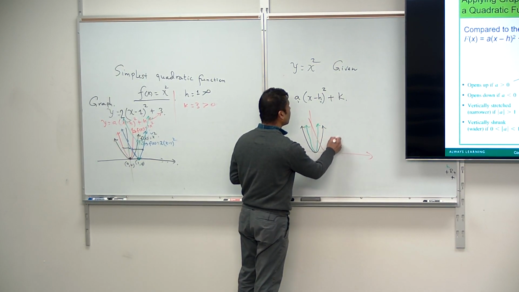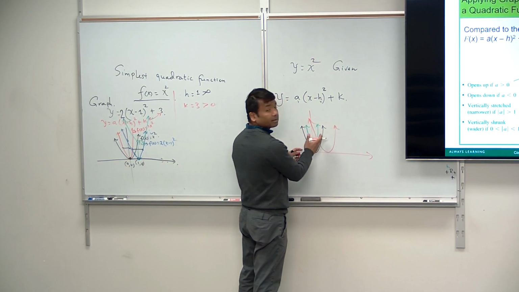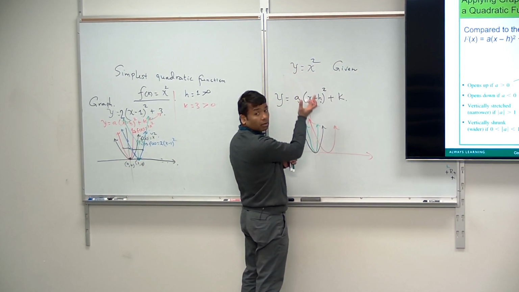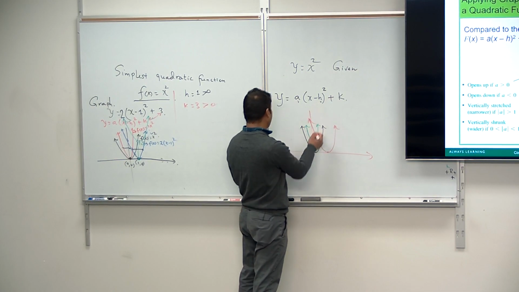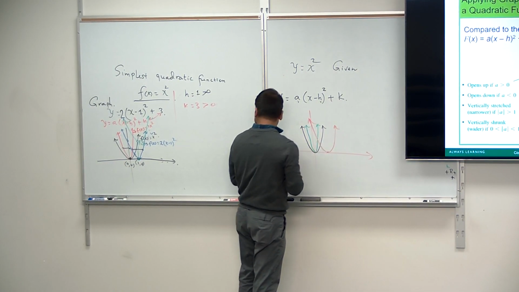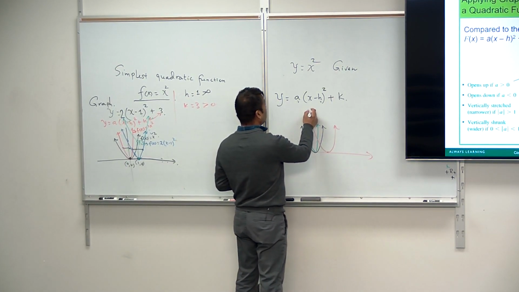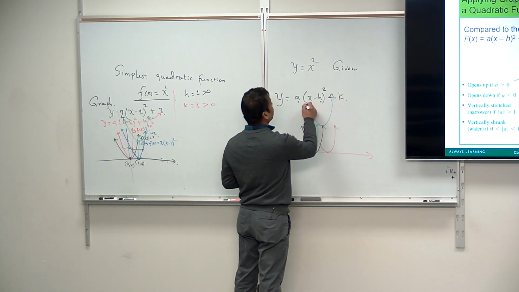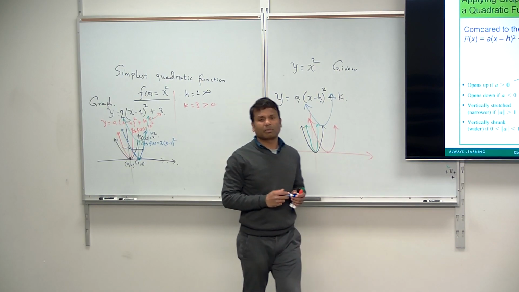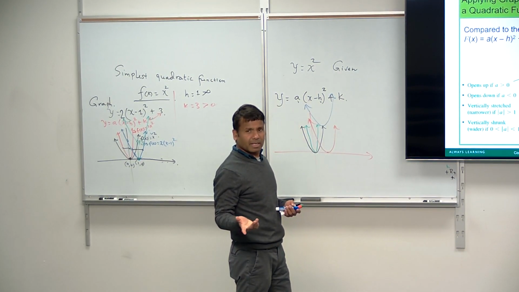You got something like this, right? And then you shift 3 units up. So if you shift 3 units up, then you got something like this. You know what I mean? Does that make sense? Okay.